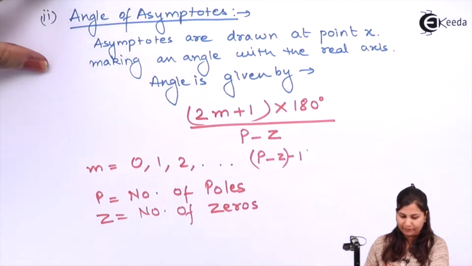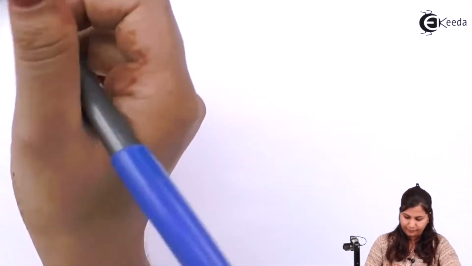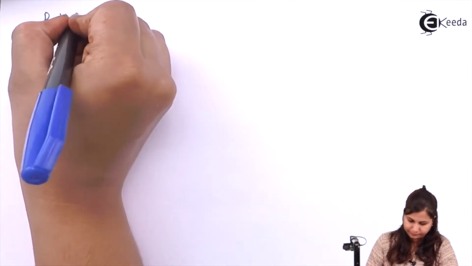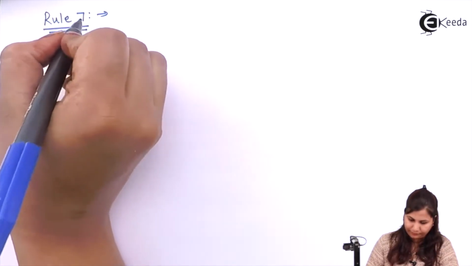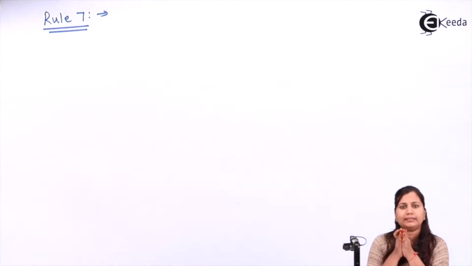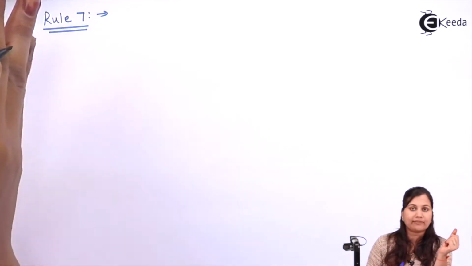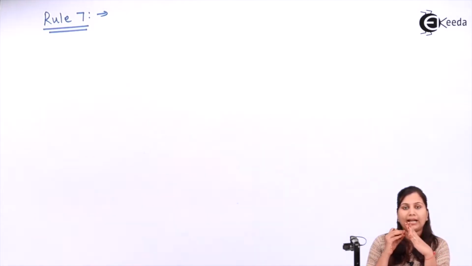Now rule number 7. In the fifth point, we determined the intersection of the branches of the root locus with the real axis. Now, these branches of the root locus are going to intersect the imaginary axis also. So in rule 7, how are we going to determine the points at which the branches of the root locus intersect the imaginary axis?